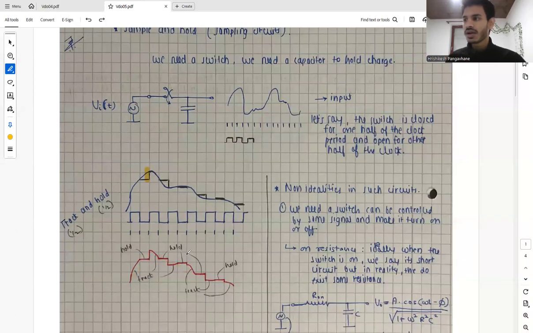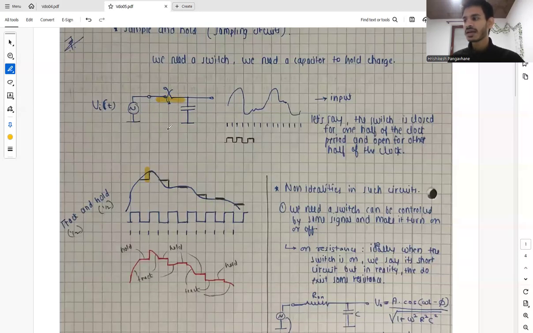But there are non-idealities in such circuits. First, we need a switch, right? The switch can be controlled by some signal, and it needs to be turned on and off. A switch ideally, when it is on, is a short circuit, so everything flows without seeing any resistance.